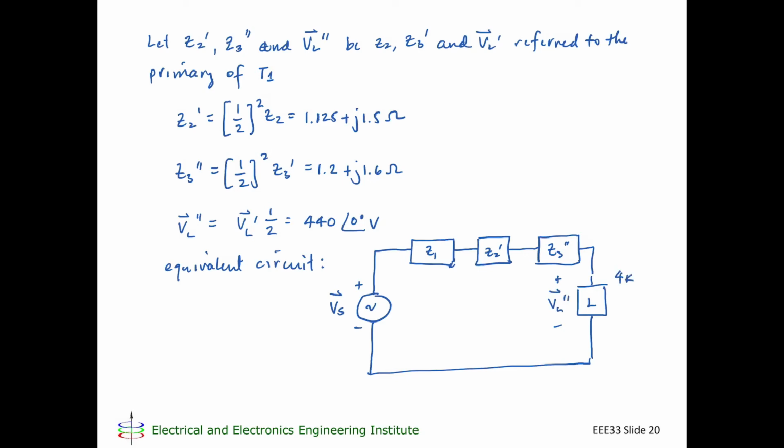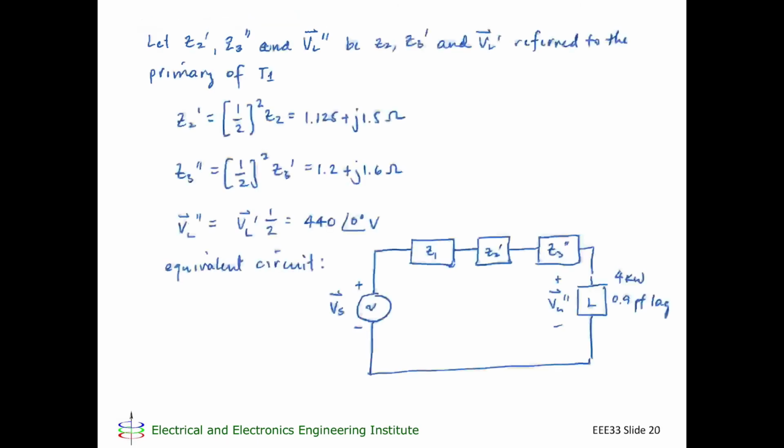And again, this will still be 4 kilowatts. This will still be 0.9 power factor lag. The only thing that will change is the voltage across it. Now recall, for the load, the complex power associated with the load is equal to VL double prime multiplied by the conjugate of your source current.